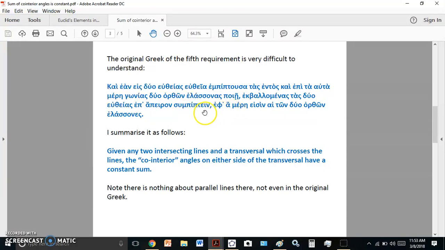Because in Greek you have context, so this doesn't imply infinity or anything like it. And something about 2 right angles, okay?